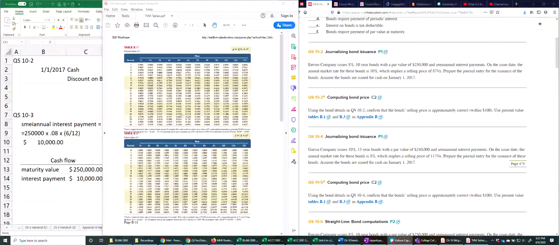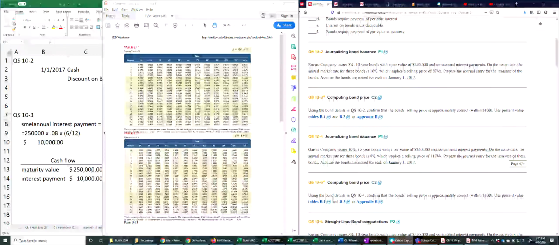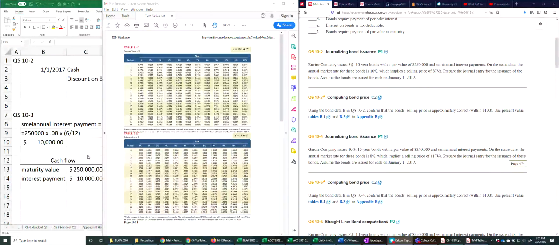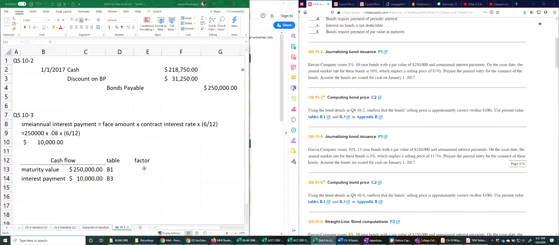So there are 20 interest compounding periods here. And so our relevant factor is 0.3769.